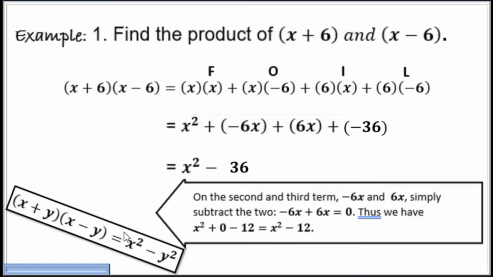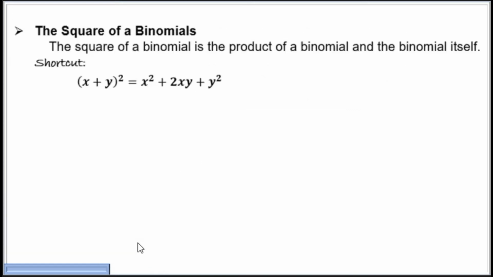So the formula is the square of the difference of two terms. Okay, the square of a binomial, or square of binomials. The square of a binomial is the product of a binomial and the binomial itself. Example, the square of the quantity of x plus y is equal to x squared plus 2xy plus y squared.